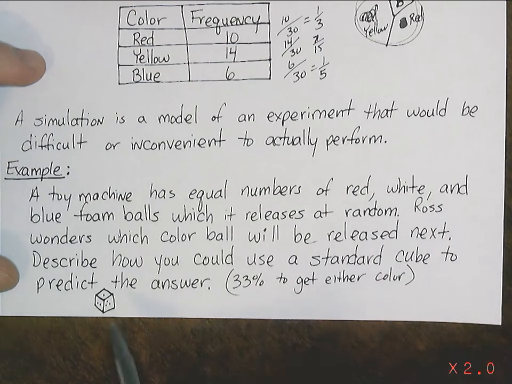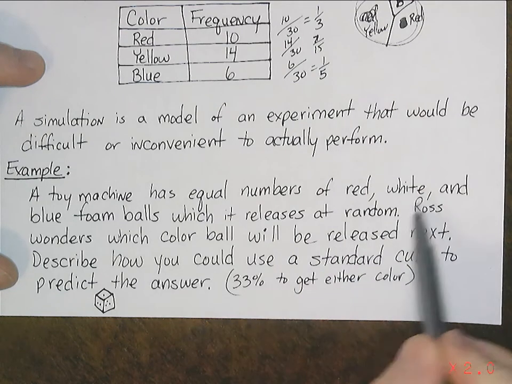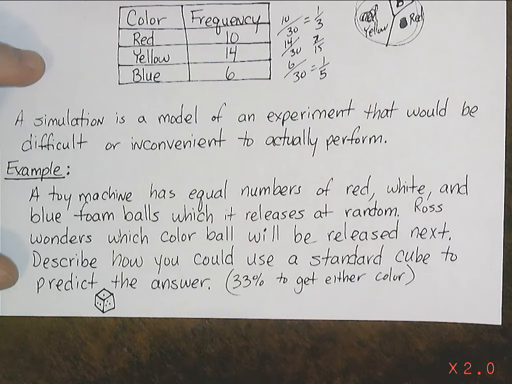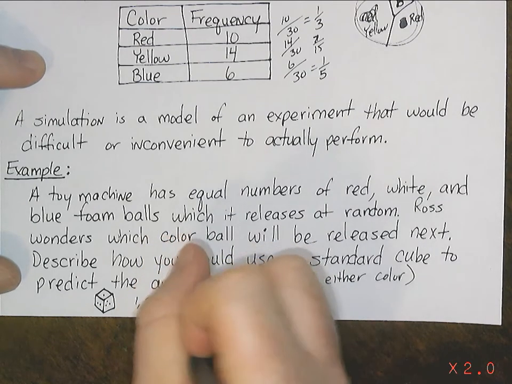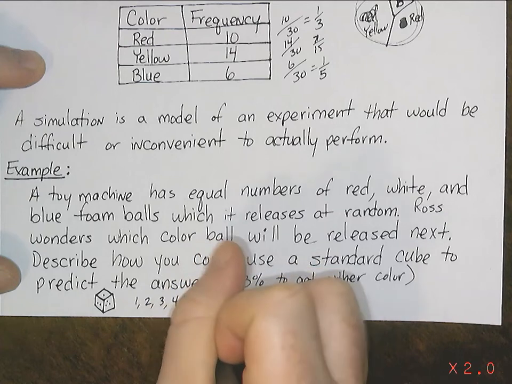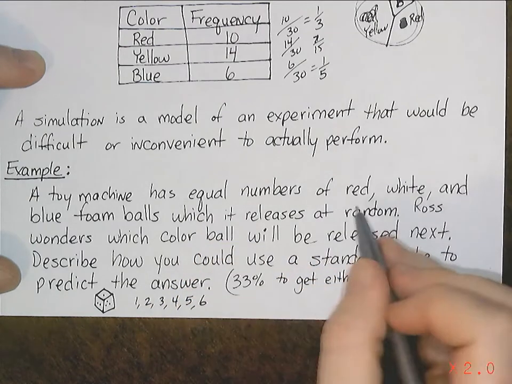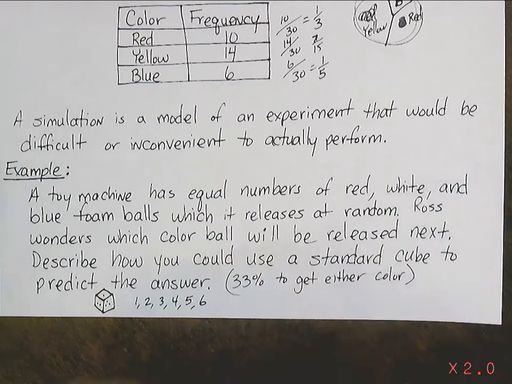So how could you use a number cube, or in this situation, a die, or a pair of dice, and you would roll it? How would you describe red, white, and blue on something like that? Remember, we've got 6 numbers: 1, 2, 3, 4, 5, and 6. How many colors do you have? You have 1, 2, and 3.